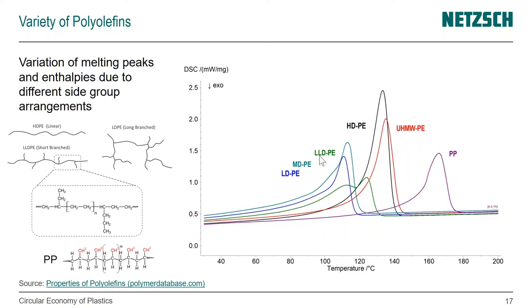So separating HDPE and the LDPEs is possible in a lot of cases. I picked these randomly out of our database. There might definitely be grades where the molecular weight of the HDPE is a little lower, so this peak would be shifted in this direction, or of the LDPEs is a little higher.